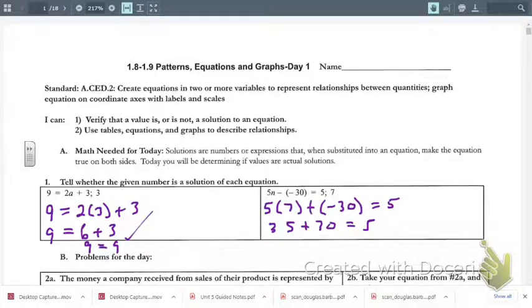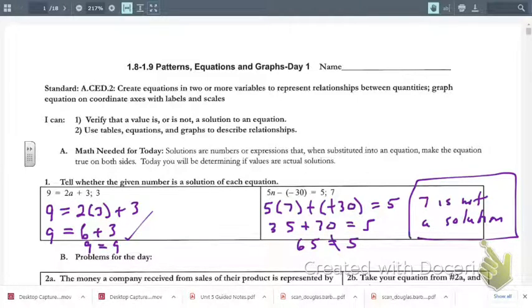So this double negative becomes a positive. This is going to give us 65, and that does not equal 5. So 7 is not a solution. It does not make the equation true.